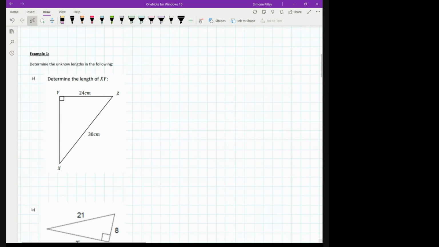Itandile, your hand is up. Ma'am, I have a question. When you're doing your formula, ma'am, and you said that your hypotenuse is across from your right angle, when you're done writing your formula, do you have to write the sides as how you wrote your formula?